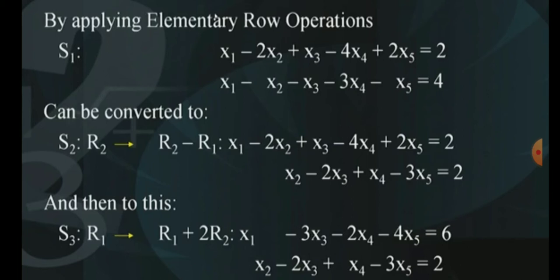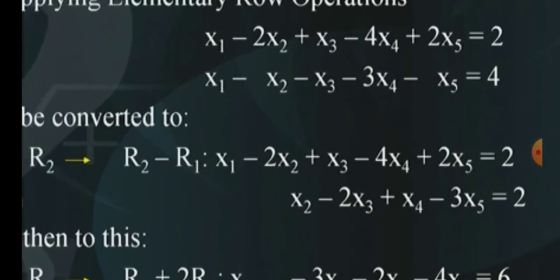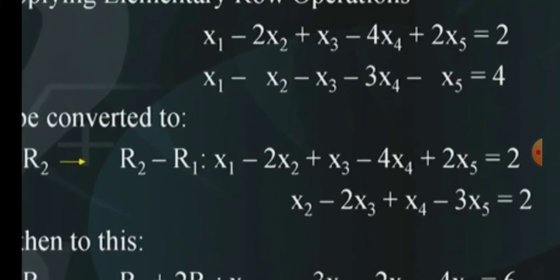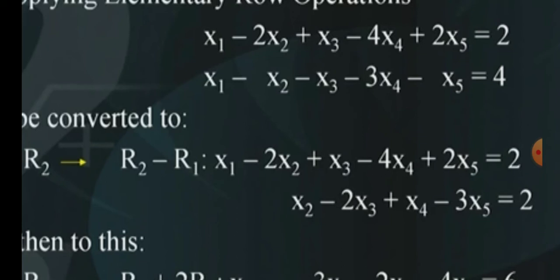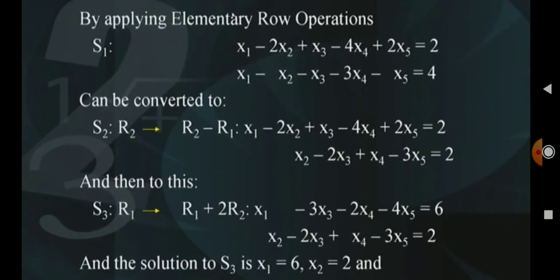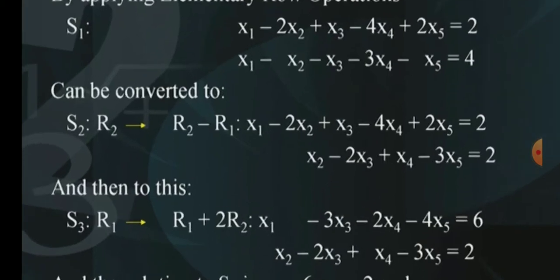If you are given these two equations and asked to solve them, what do you generally do? You multiply by some scalar and add or subtract. These are the two operations you generally do. So in that case also we are doing the same.